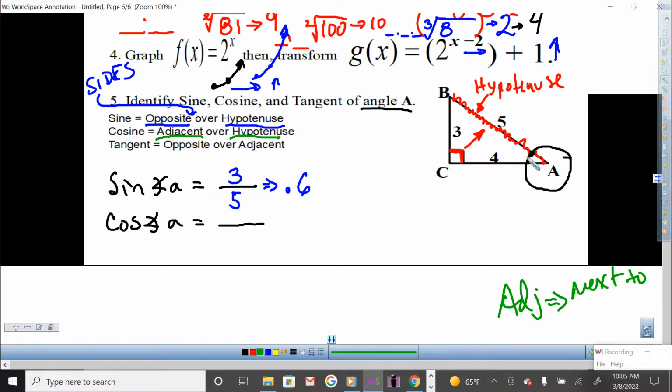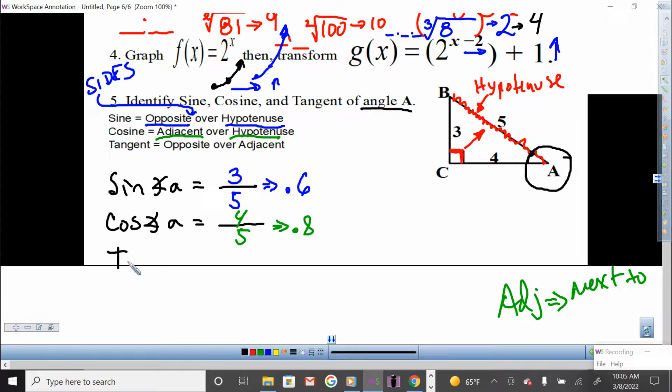Okay, so here's angle A. What side is next to A? 4 and 5, is that correct? But 5 can't be adjacent because it's already labeled as what? So that means it has to be 4. And what is our hypotenuse? Because it says adjacent over hypotenuse, which is 5. And this becomes 0.8.